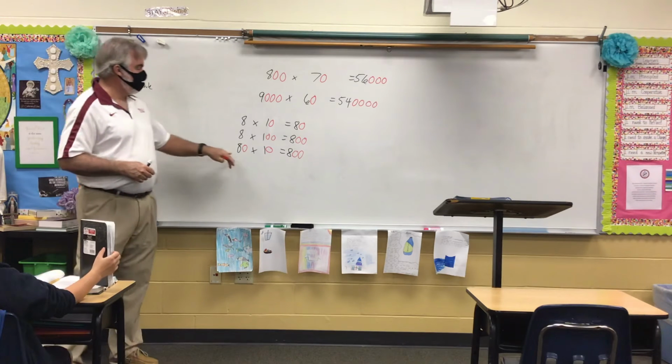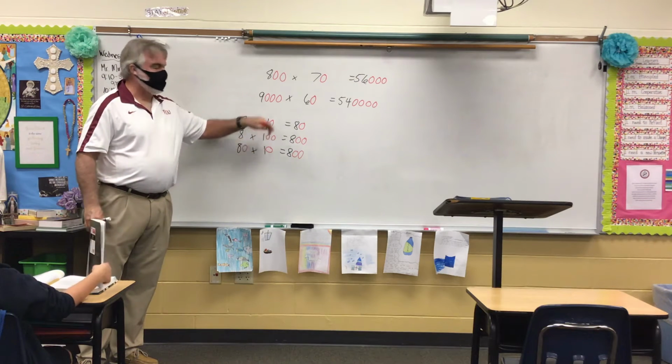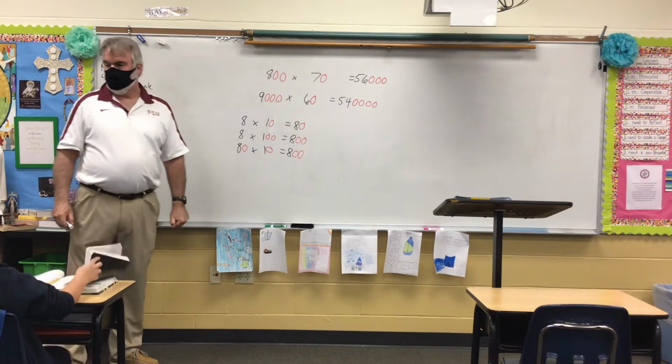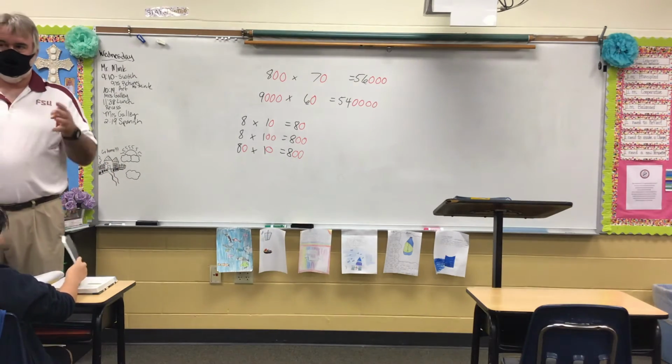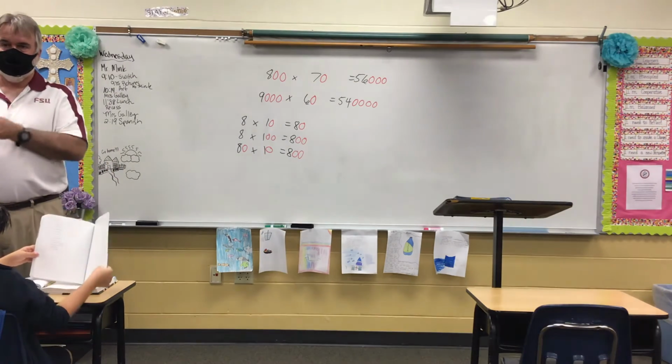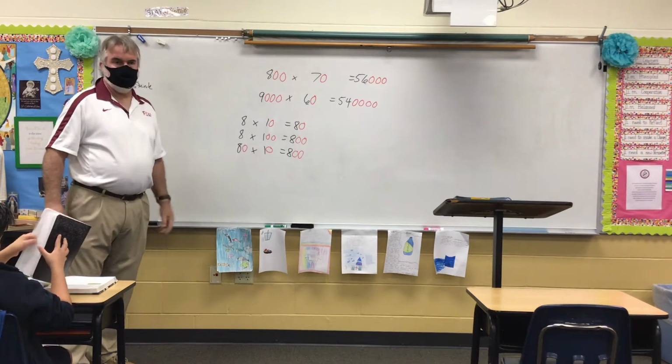Okay? All that you're doing in the book, they may not have the different colors. Okay? But all that you got to do is look and find if there's zeros on the end, find out the problem before that. Find out what they're actually multiplying.